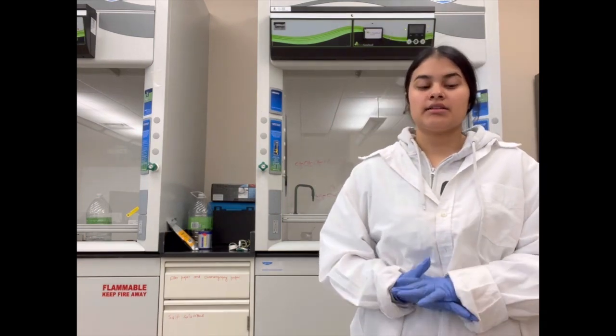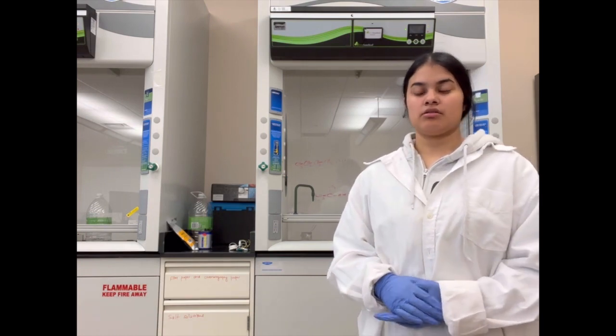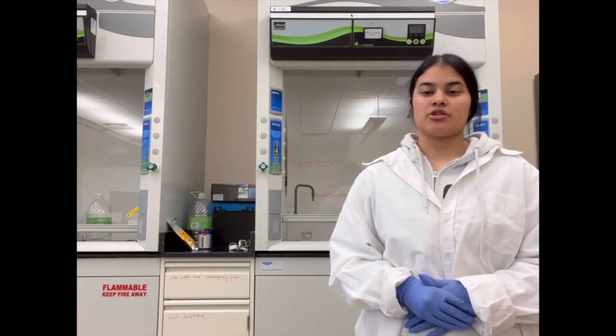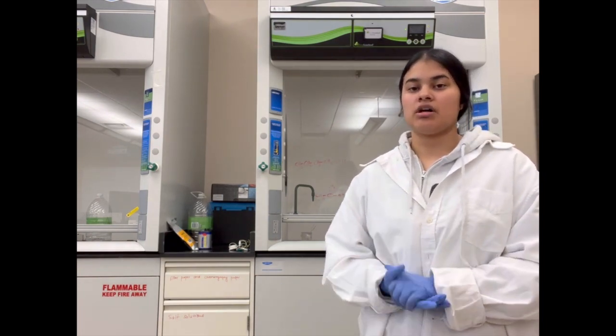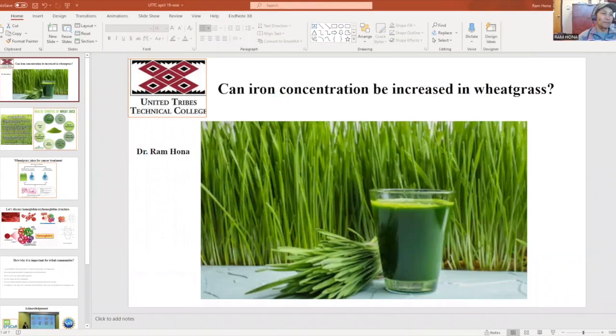I think that this study can expand to look into what other plants or resources have to offer. We can look at the elements and nutrients and try to enhance those so that they are more beneficial to a consumer.